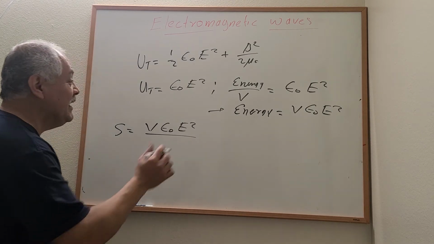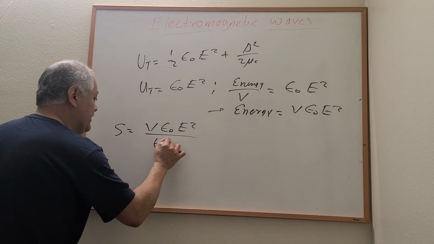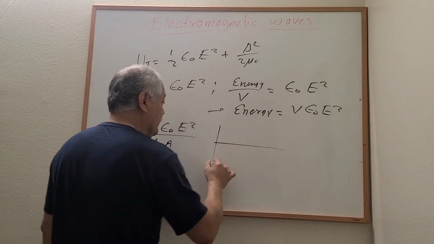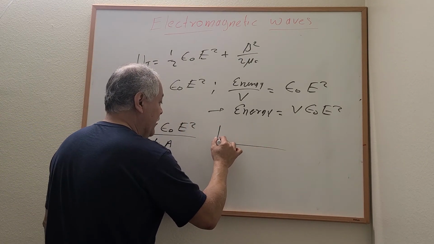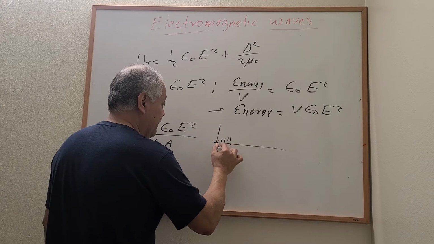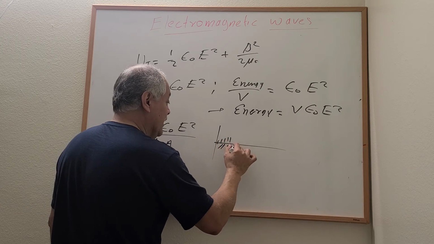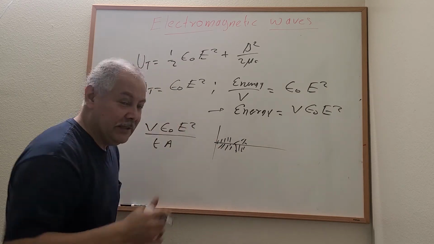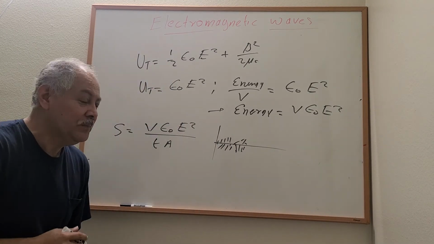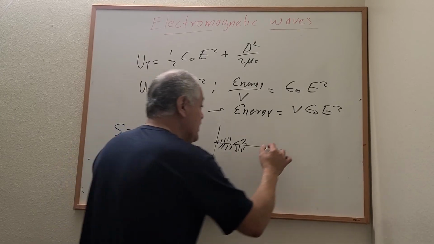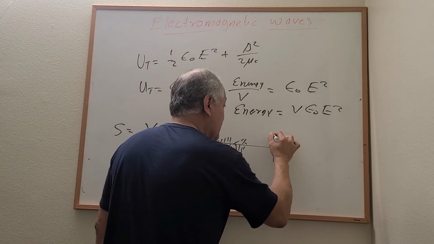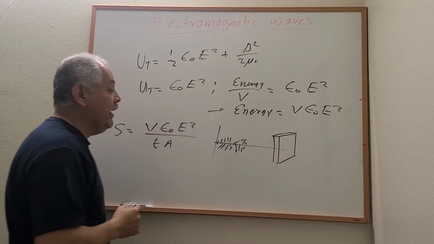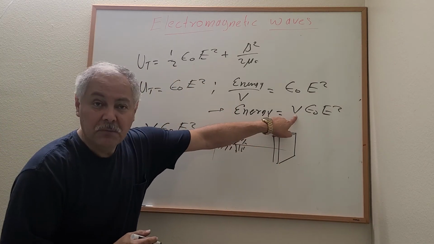Okay, perfect. So divided by what? Divided by time times the area. But when we have electromagnetic radiation, remember, we have the electric field, the magnetic field, and electromagnetic waves. Imagine now we have this volume. Let's try to collect the energy in this volume, because volume is involved right here.